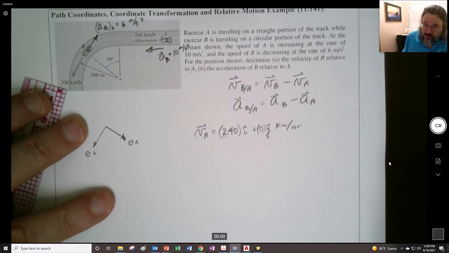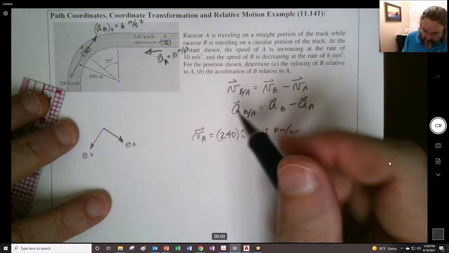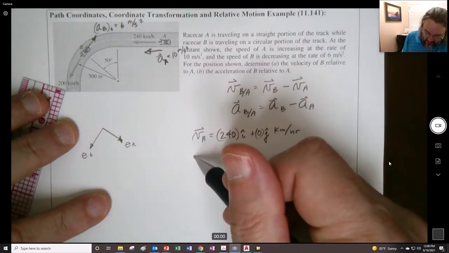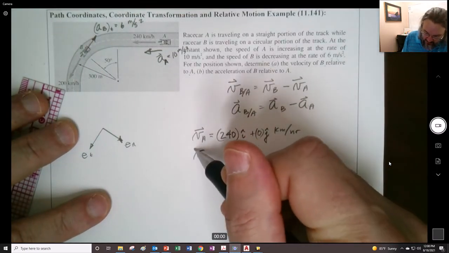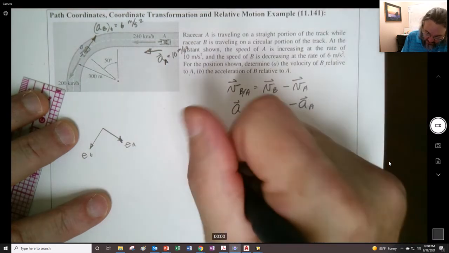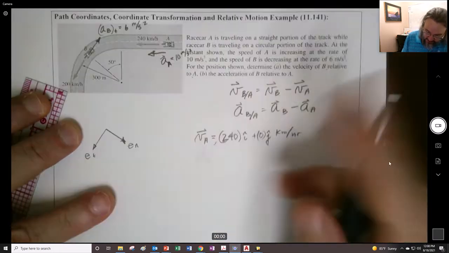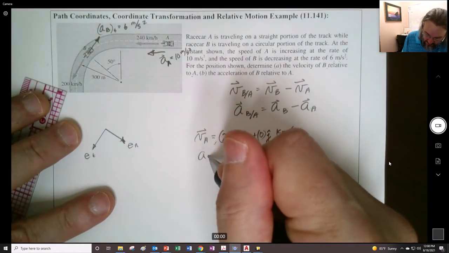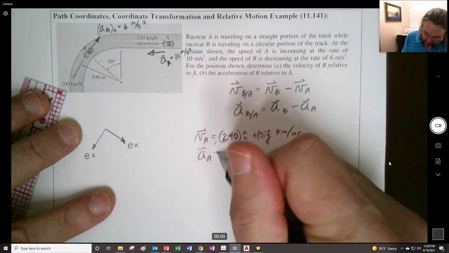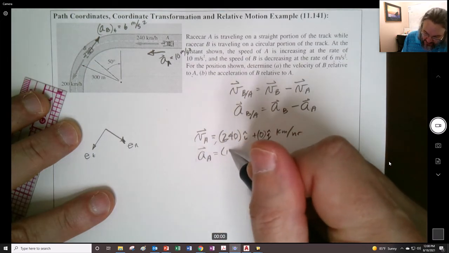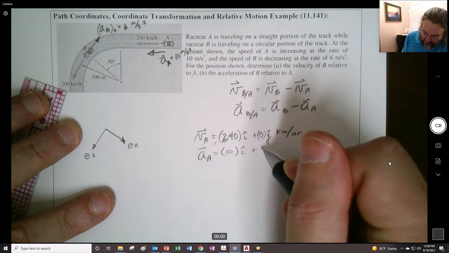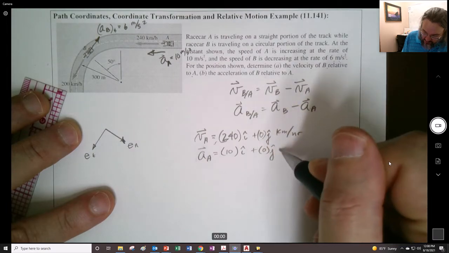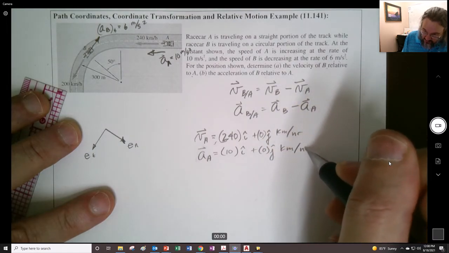Everything is in kilometers per hour, so we don't necessarily need to convert anything. And the acceleration of A is equal to 10 i plus 0 j.